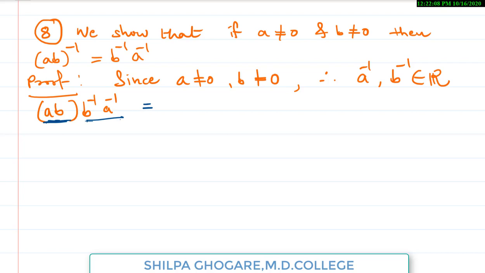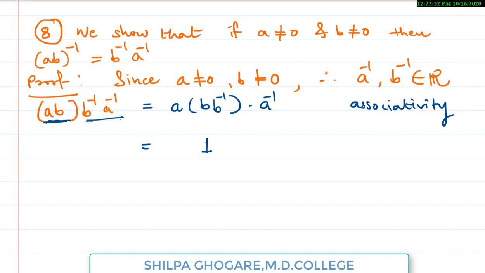Now here what I will do is associativity will be used. I will use the associativity and then what I get is A into B into B inverse into A inverse. Correct? Then I have B inverse, how much will it come? B inverse is the multiplicative inverse of B. Their product, how much will it come? I will get 1 here and then A here and A inverse here. Why?